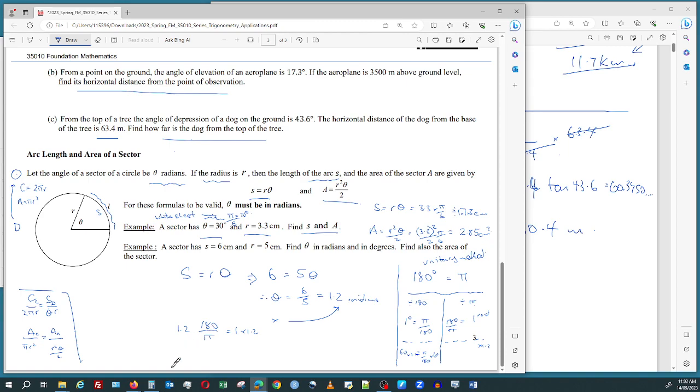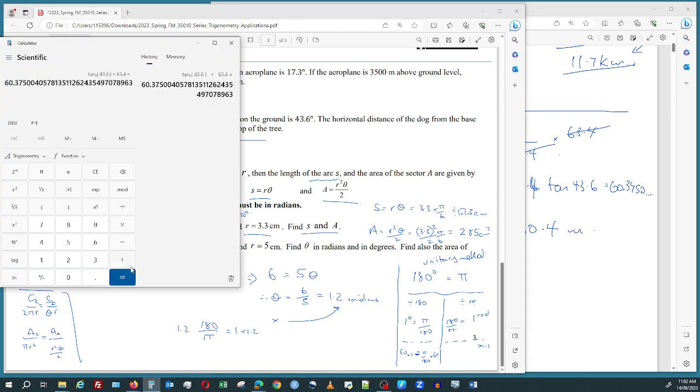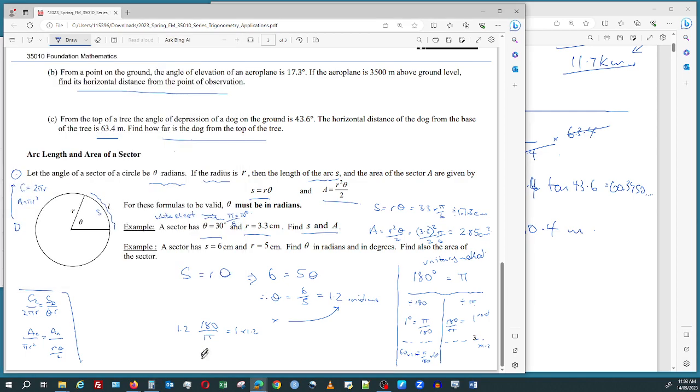We'll do that on our calculator: 180 divided by pi times 1.2 is 68.7 degrees, which approximates to 69 degrees, and that is approximately 1.2 radians.